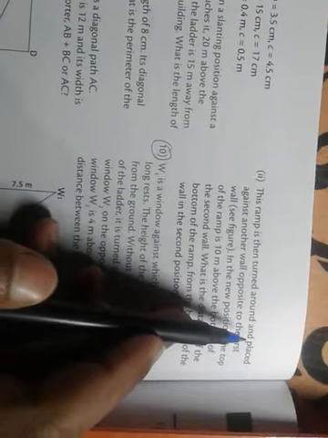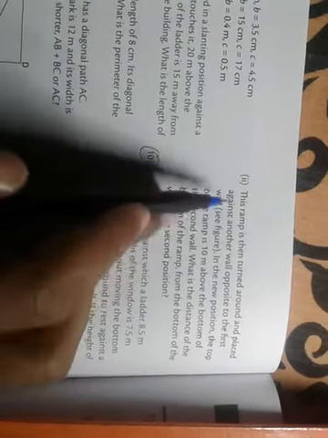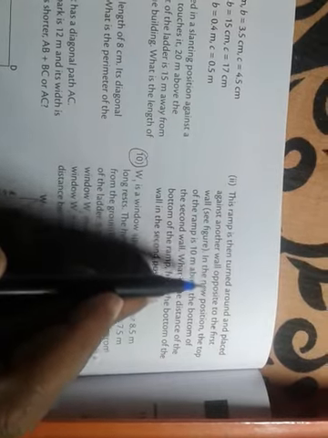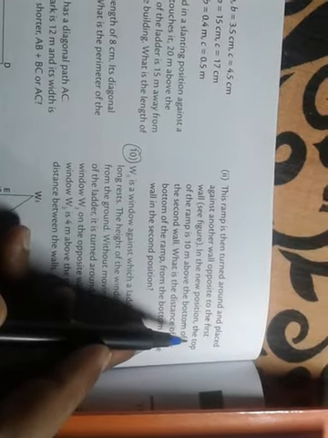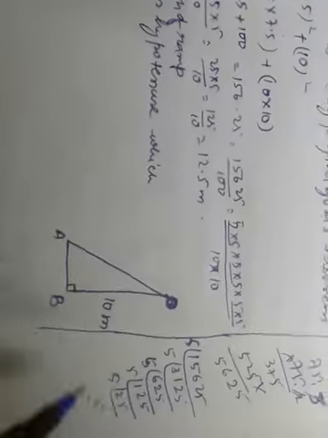Number 2, you read this question very carefully. In number 2 the ramp is turned around and placed against another wall opposite the front side. In the new position the top of the ramp is 10 meter.